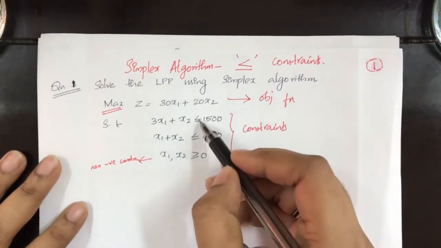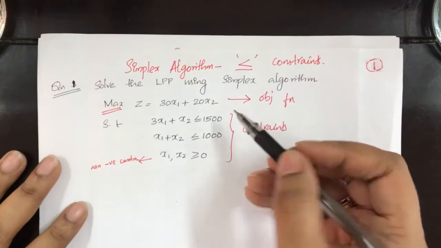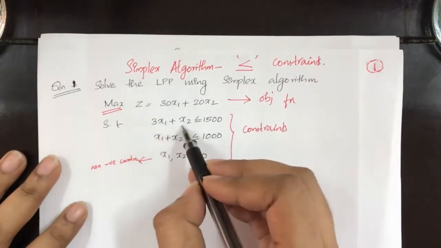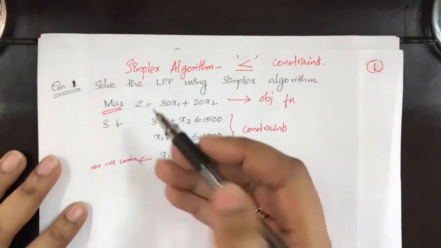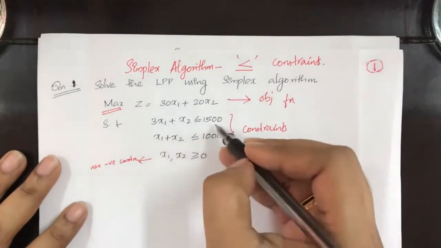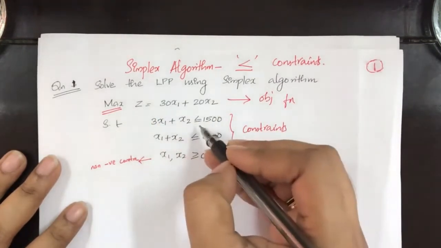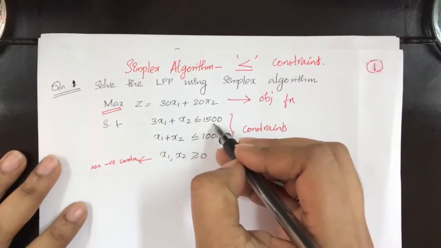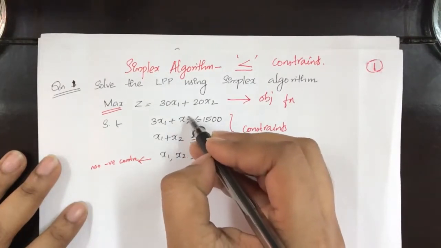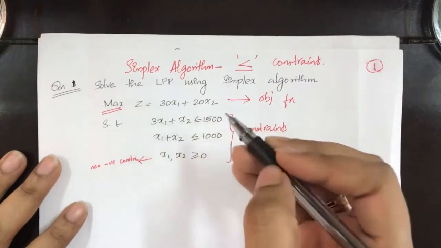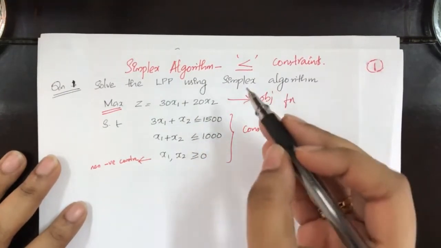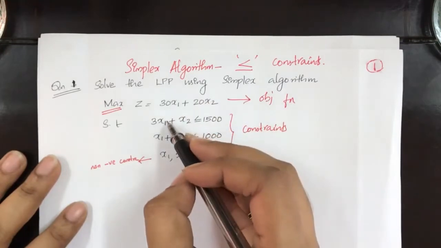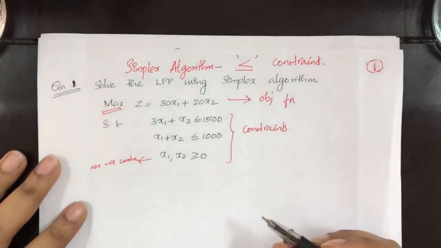Since this is a less than or equal to constraint, since 3x1 plus x2 is less than 1500, this left side is lacking something to reach 1500. In order to equate it to 1500, we need to add something to the left side. Such variables are known as slack variables. Slack variables are always added to the left hand side of the constraints.